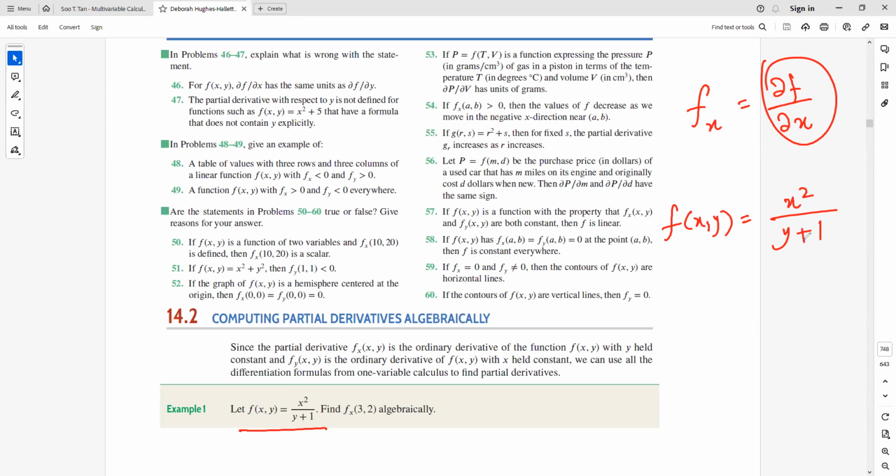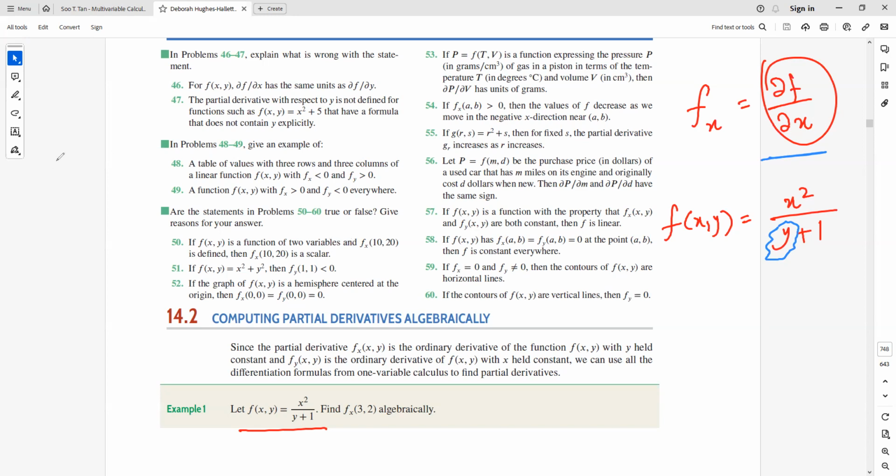Now, considering the variable with respect to which we are differentiating, the other variables we will treat as constants. For instance, if we are differentiating partially with respect to x, then the variable y here will be treated as a constant, just as we do in single variable calculus, right?